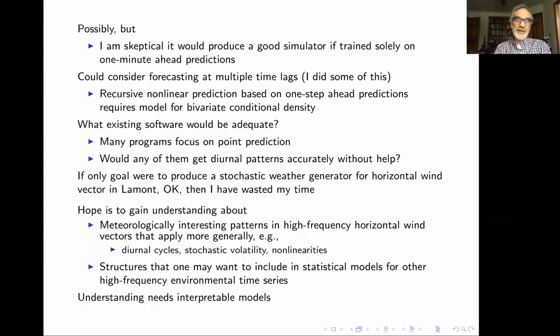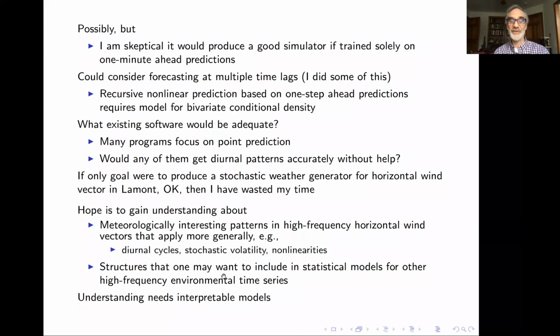Obviously, coming up with a stochastic wind generator for Lamont, Oklahoma is not that interesting, but hopefully one might learn something about meteorology. I'd be interested in sitting down with a good meteorologist who looks at high frequency effects and asking, are all the things that I've seen here things that you know about, that make sense to you, and that are worth thinking about a little more carefully?